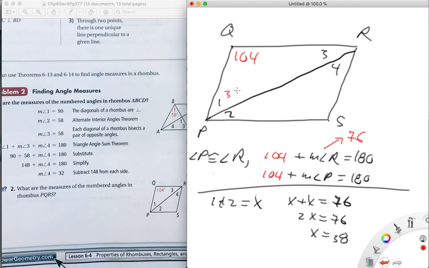So this is 38, this is 38. And since these two angles are the same, this also equals 38, and this also equals 38.